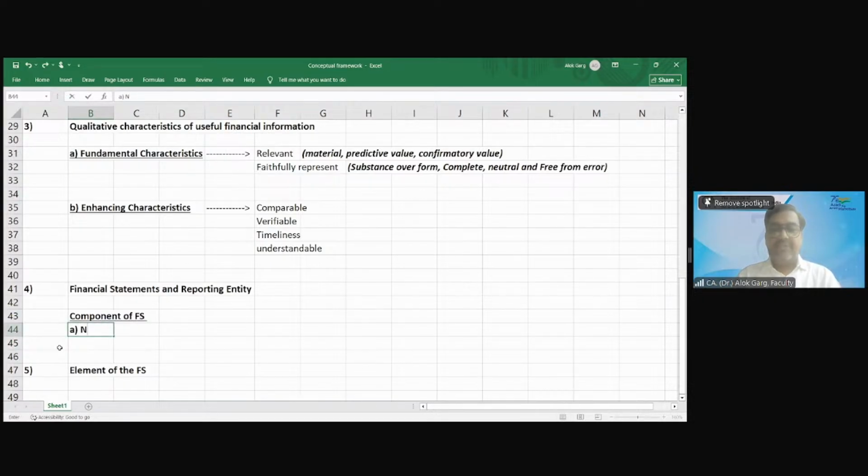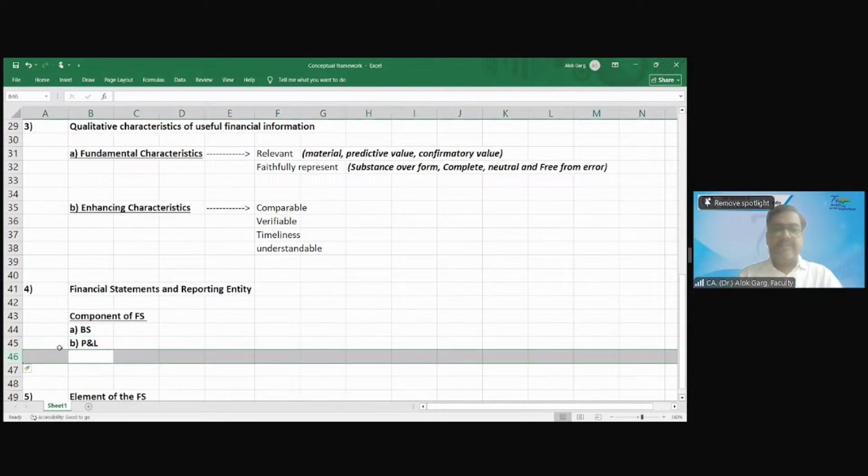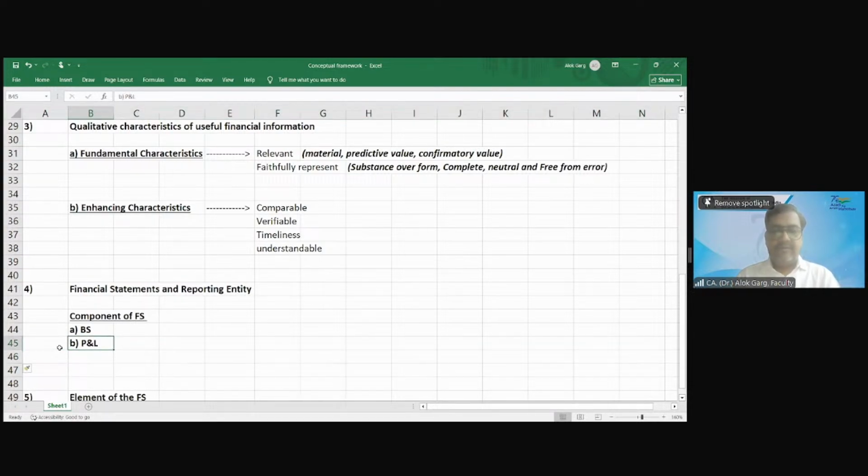A, balance sheet. B, statement of profit and loss. C, statement of changes in equity. D, statement of cash flows.